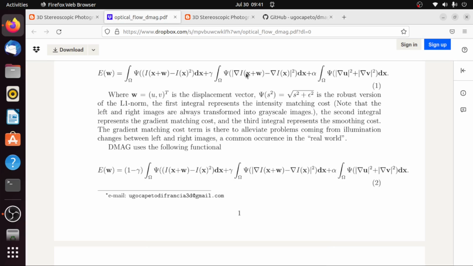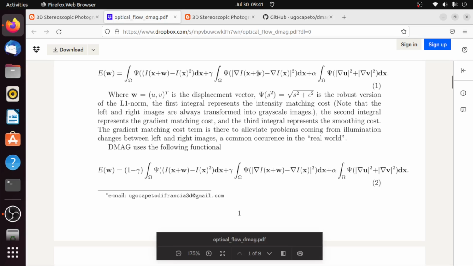Sometimes between the left image and the right image there is a difference in illumination, so you don't get the same intensity even though the points are supposed to match. So often in depth map calculation, you see a gradient term along with the intensity term. It's just an add-on. You don't really need it, but it's very useful.